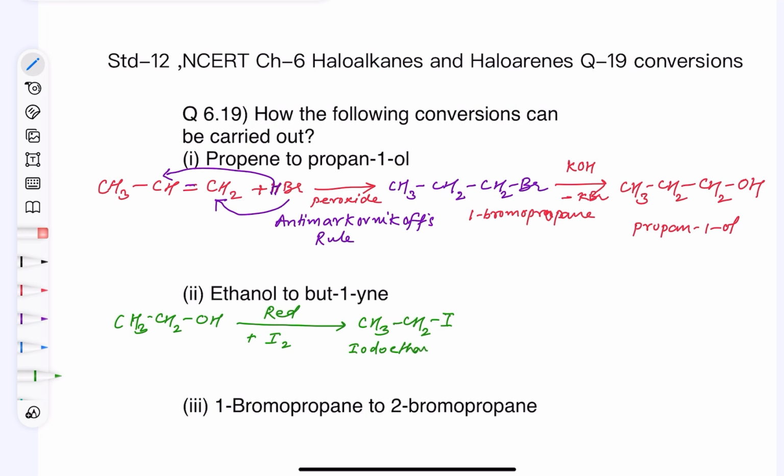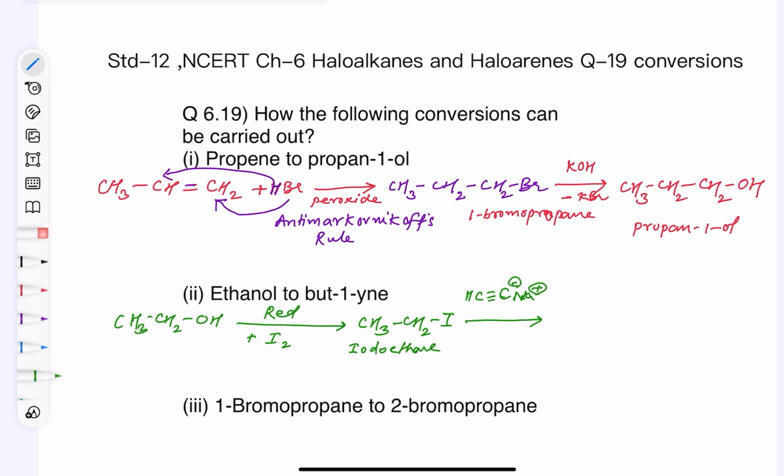Iodoethane is your product. Now this iodoethane is treated with sodium acetylide. That is sodium acetylide. This way we write, this is minus, this is Na plus. Okay, this is minus. Fine, what is the name of this? It is sodium acetylide.